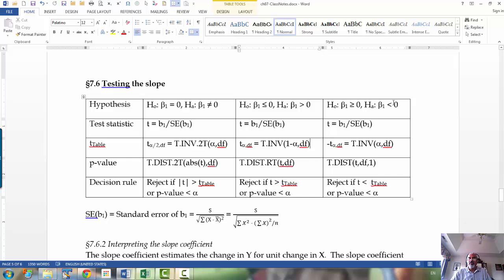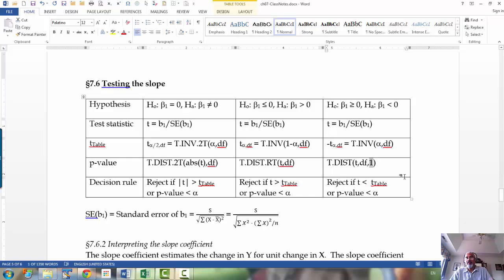Now if it is less than 0 as the alternative, then your t value will be a minus value, so that will be T.INV of alpha on the left side. So this will come out to be a negative value, and the p-value is given by T.DIST with t, degrees of freedom, and you need this 1 to indicate that it is a probability that we want.